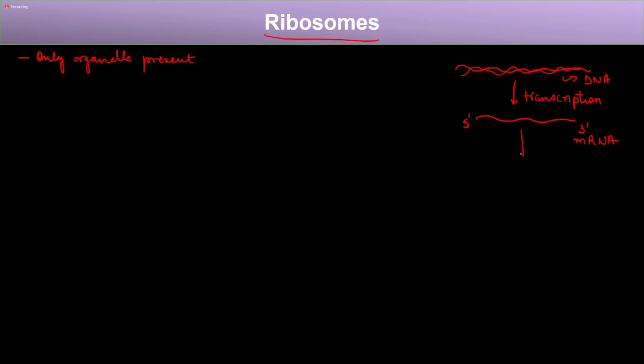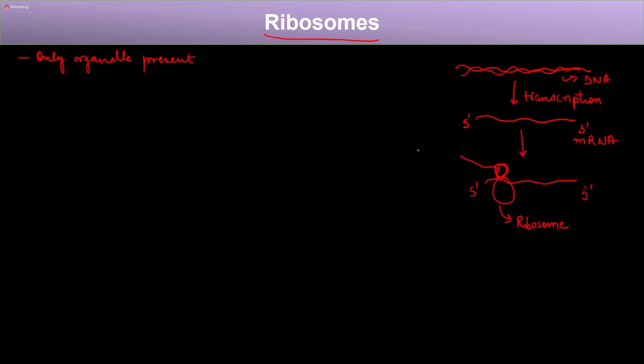Now, this mRNA is further converted into protein, the proteins that we know. For that purpose, a special structure, something like this, comes and binds to this mRNA. And what is this structure called? This is called a ribosome.